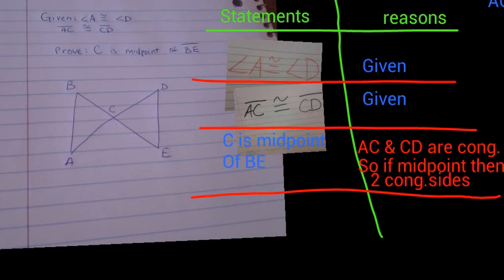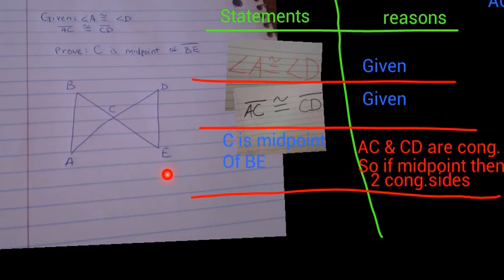And lastly, we know that angle ACB is congruent to angle ECD. They're vertical angles, and the reason that they are congruent is because of the theorem.